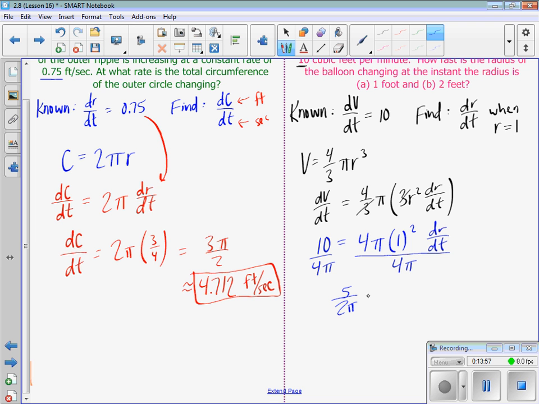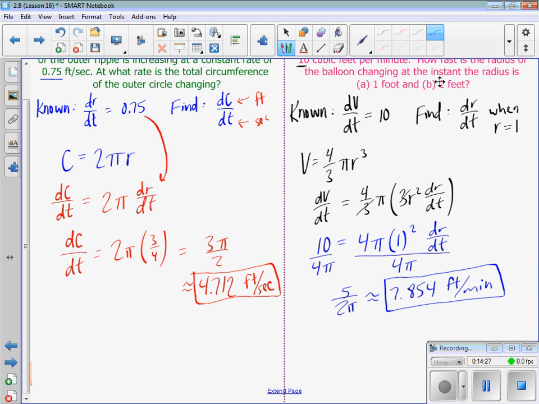Does anyone have that as a decimal? 7.854. And what would be the label for that? Think about it, we're finding dr, which is a radius per time, feet per minute. Perfect. And if you're going to round them, which makes sense with these problems, just round to 3 decimal spots, okay? So any questions on part A here?